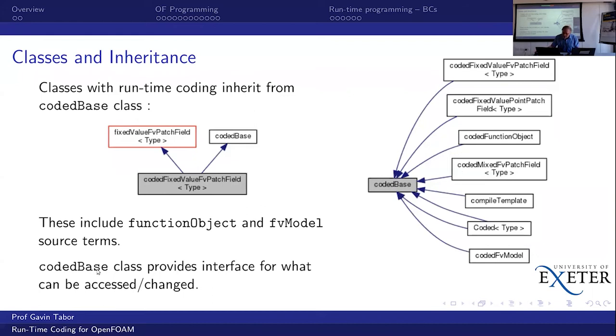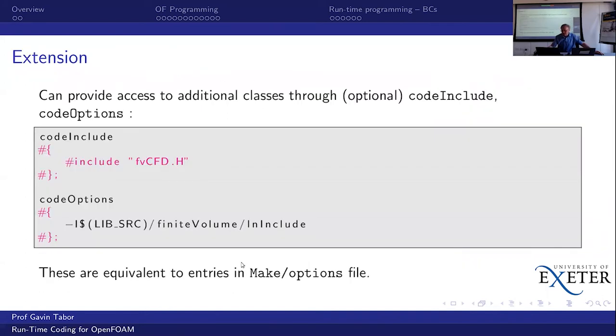As I say, coded base and the individual classes derived from that provide the interface for what can be accessed and changed through this coding process. One thing you might want to do is to extend the access you're going to be able to provide here. If you just write the code section here, you've only got minimal access to the OpenFOAM library.